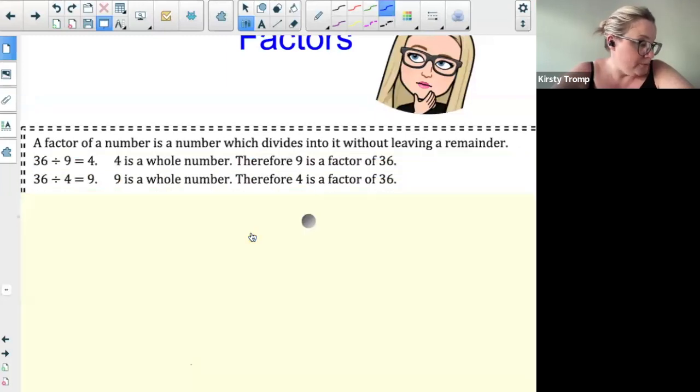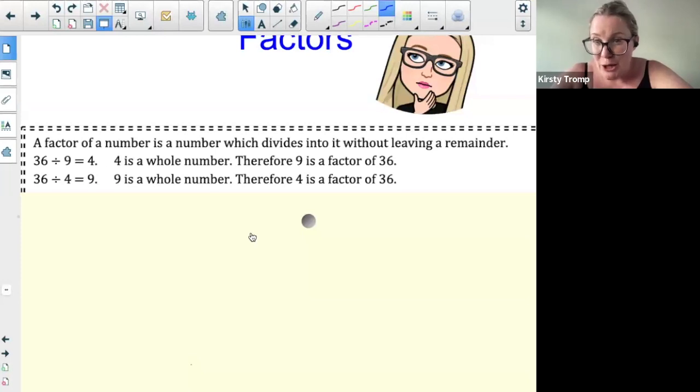For example, if we take the number 56 and divide it by 9, 9 goes into 56 4 times. That means that therefore 9 is a factor of 56.